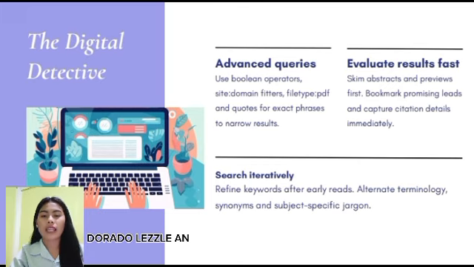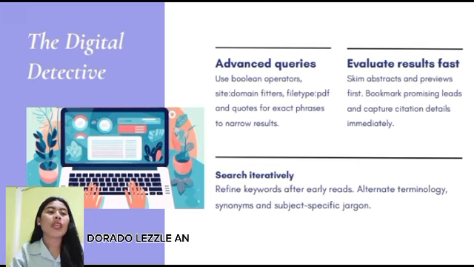Site limits results to a specific website or domain. And file type looks for a certain type of file like PDF or JPEG. So the purpose of this is to narrow down results and avoid irrelevant websites.